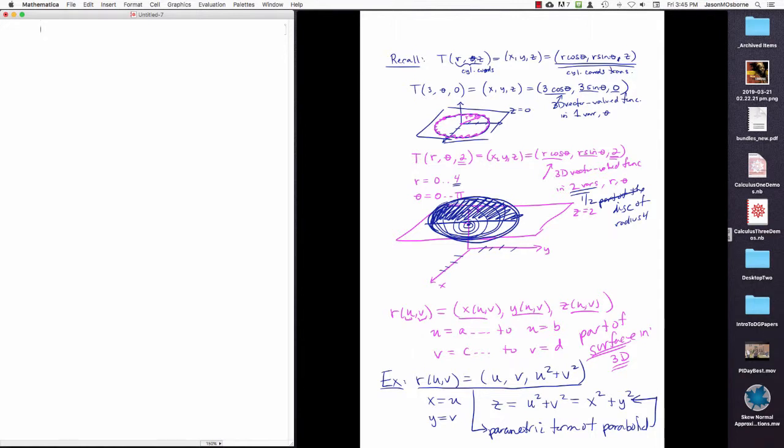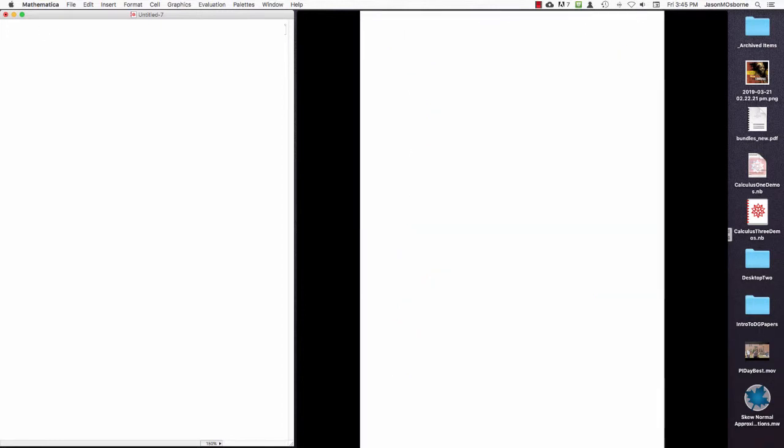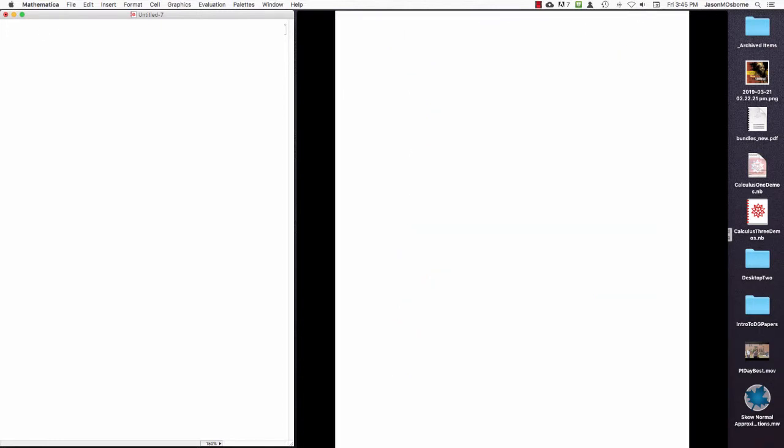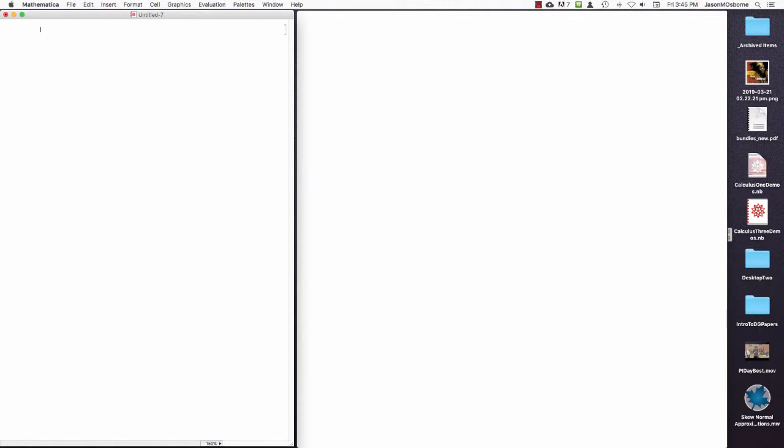Okay? If you add a page below, let's look at another example. Let's look at r of u comma v is equal to u cosine v, u sine v, say u squared. And you say, well, what is this thing?